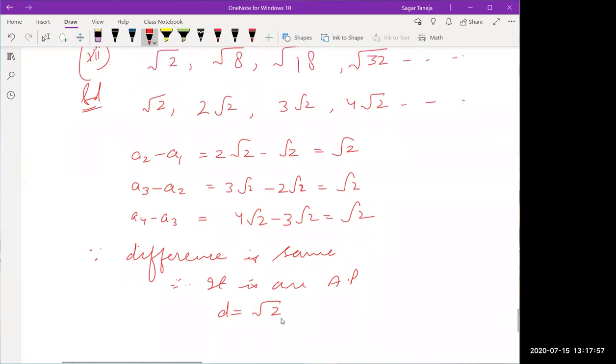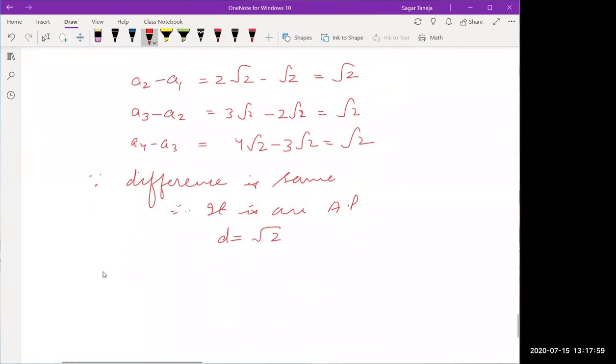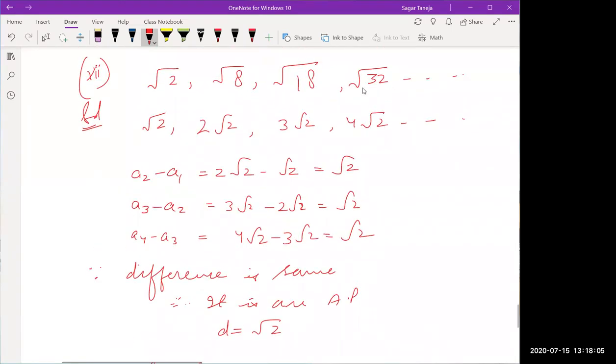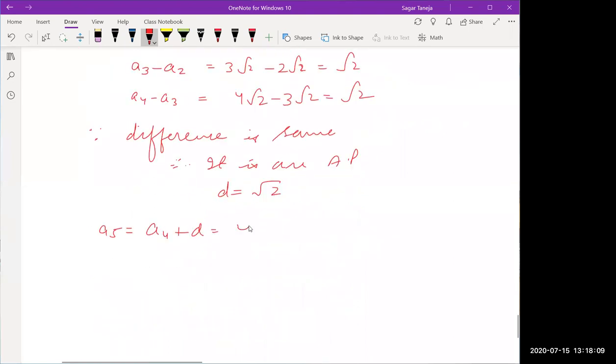And after this we need to find the next terms. So A5 is equals to A4 plus D, and fourth term, just write from here, do not write root 32 again. Write this 4 root 2. Fourth term is 4 root 2, and add this root 2, it will become 5 root 2. Then in the same way sixth term, fifth term plus D, 5 root 2 plus root 2, and it will be 6 root 2.